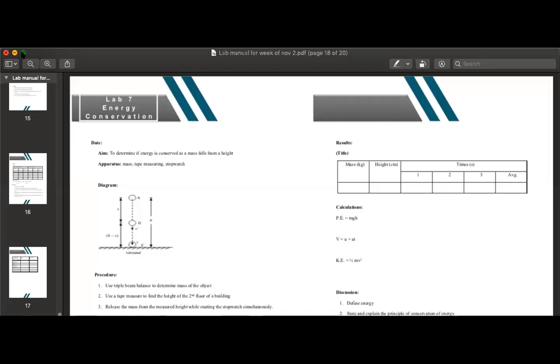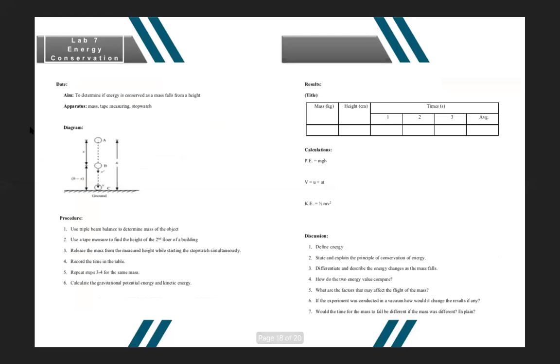Oh, was energy conservation, right? Did you do that? We did quite a lot of labs, right? So you should get those results. Energy conservation. Oh, never the last one then.